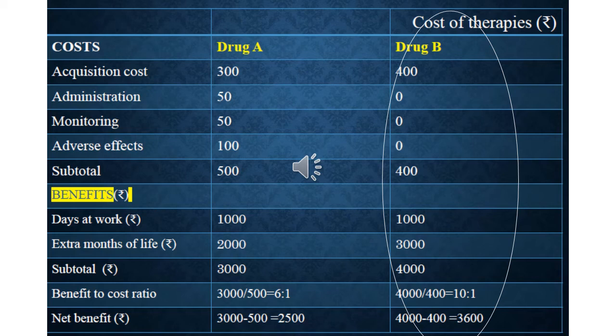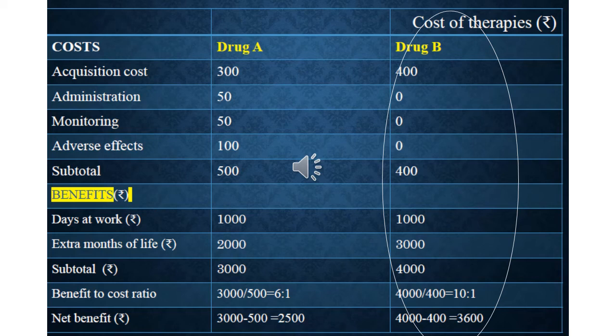So the total benefit with drug A is rupees 3000 and the total benefit with drug B is 4000. Now if we see the net benefit, it is given by the benefit that you get, which is 3000 for drug A and 4000 for drug B, minus the total cost.